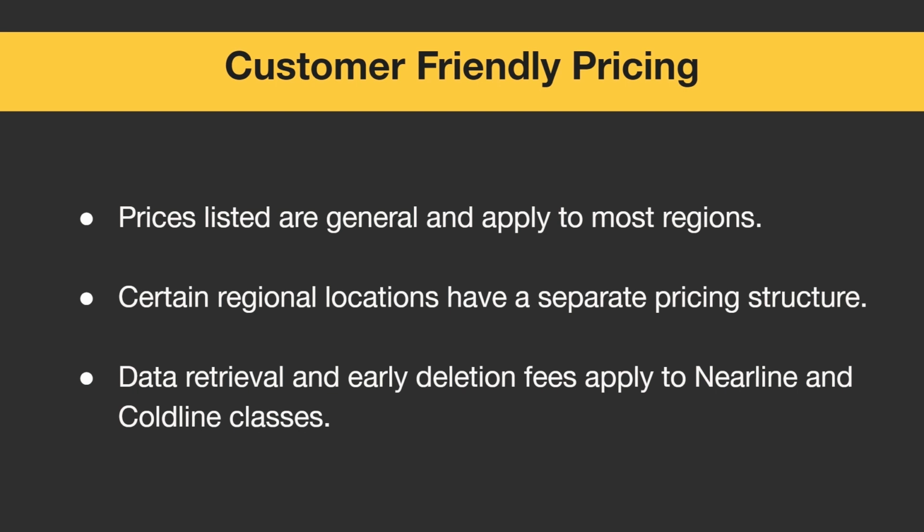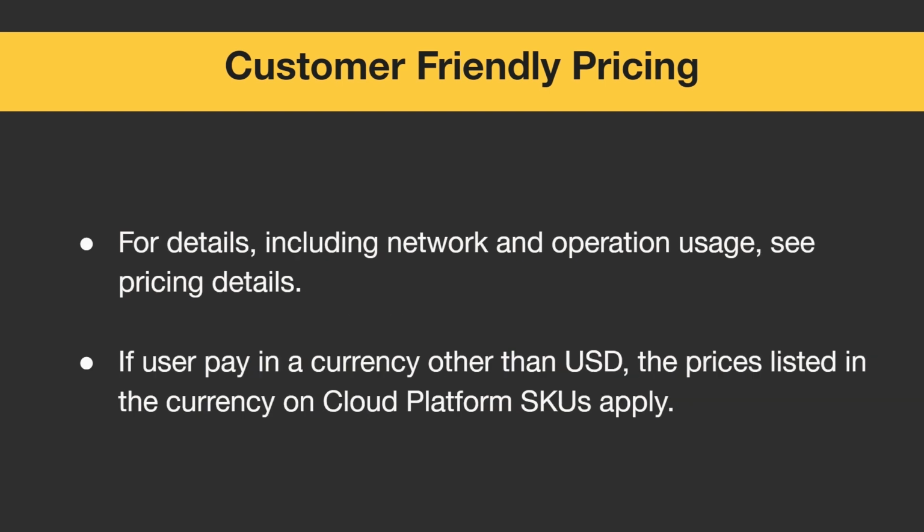The pricing listed is general and applies to most regions because most of the regions are directly attached to each other, as Google Cloud has direct interconnect circuits available. Certain regional locations have separate pricing options and structure. Data retrieval and early deletion fees apply to the nearline and coldline classes.